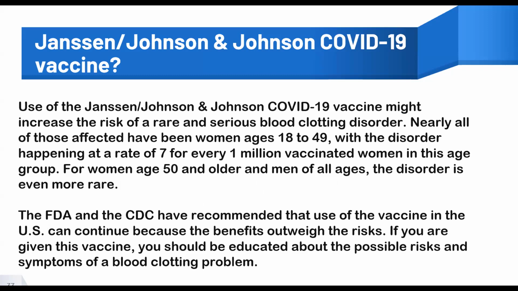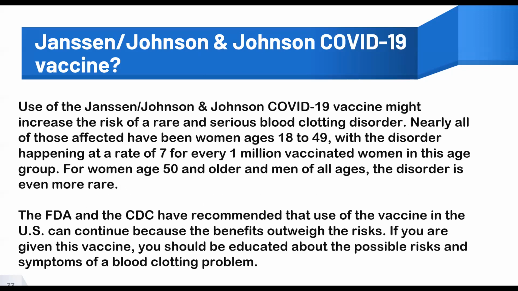So, Johnson and Johnson COVID-19 vaccines. Ano nga ba si Johnson and Johnson COVID-19 vaccines? Use of the Johnson and Johnson COVID-19 vaccine might increase the risk of a rare and serious blood clotting disorder. Nearly all those affected have been women ages 18 to 49, with that disorder happening at a rate of 7 for every 1 million vaccinated women in this age group.